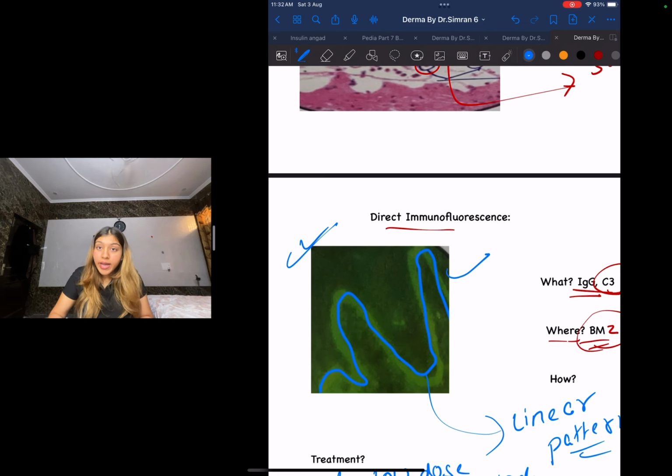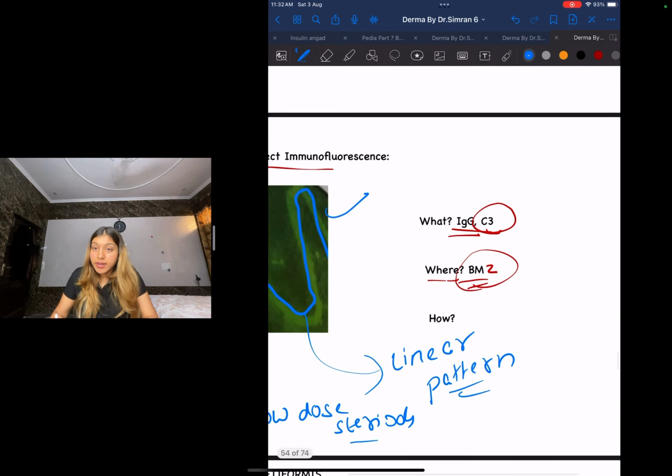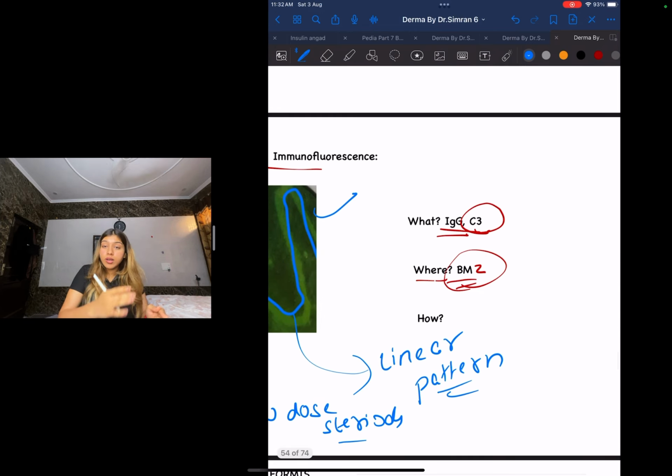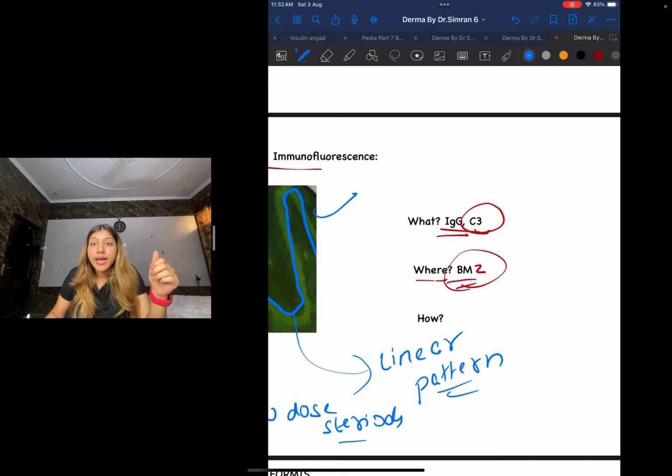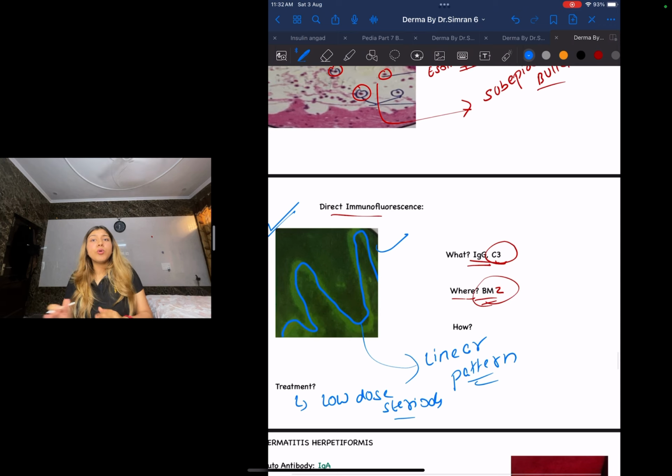If I'm studying direct immunofluorescence for bullous pemphigoid, it gives me a linear pattern. I will also at the same time recall that in pemphigus vulgaris on direct immunofluorescence, I will say fishnet pattern. So that it stays in my mind and I will not get confused, especially when I'm under pressure. In the exam, you're going to be under a lot of pressure, right? So please guys, keep correlating so this basic mistake should not happen.